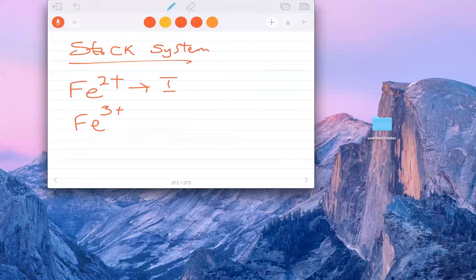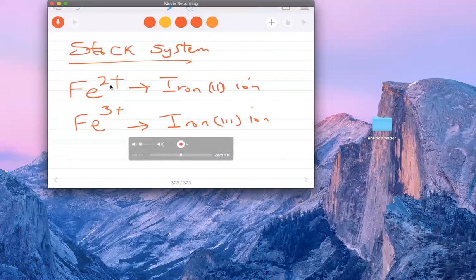We say that this is the iron(III) ion, and this is the iron(II) ion. The Roman numeral in parentheses tells you which species you are dealing with. If it is iron(II), then you know the overall charge on iron is +2. If it is iron(III), the overall charge on iron is +3.